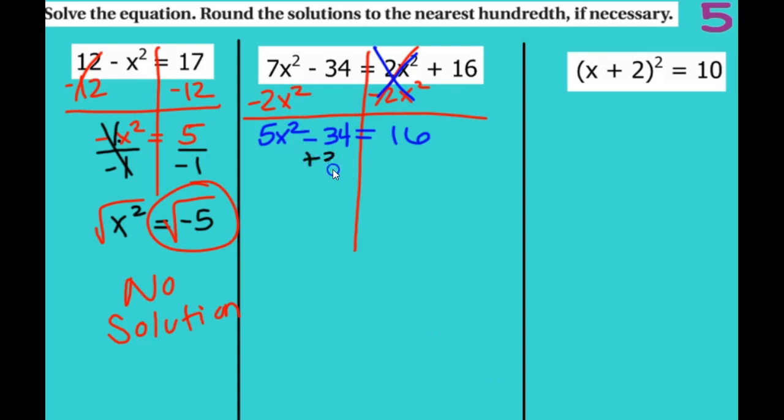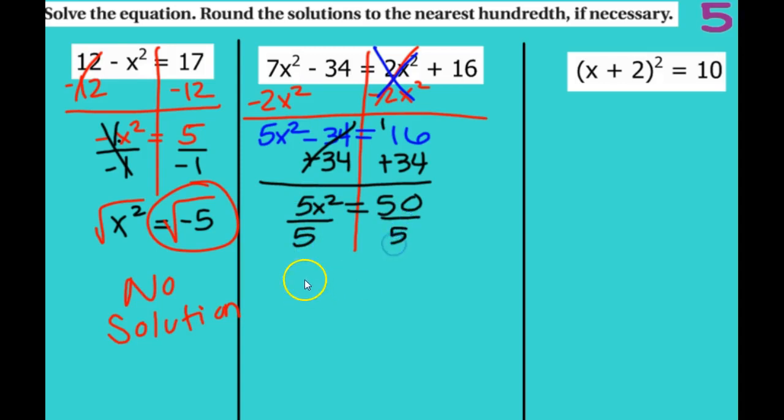Get rid of this 34, I'm going to add 34. Remember, our goal is to get the x by itself. So we have 5x squared. And then adding these, 16 plus 34 is 50. And then divide by 5, we'll get a nicer answer here.